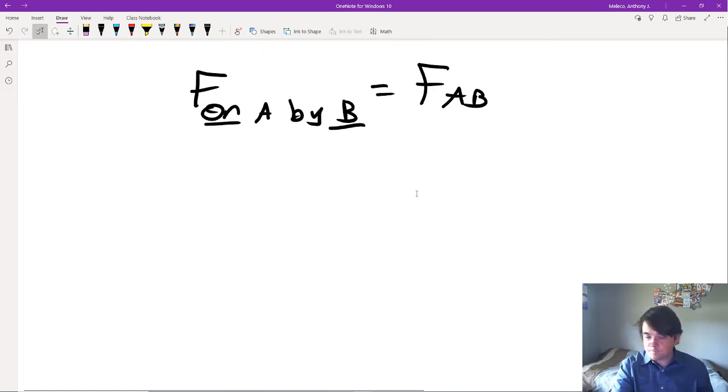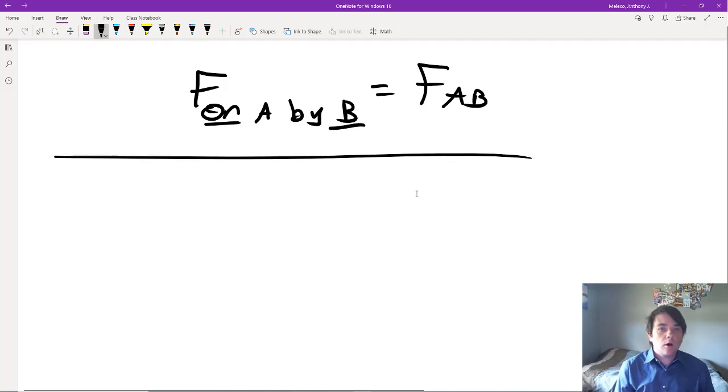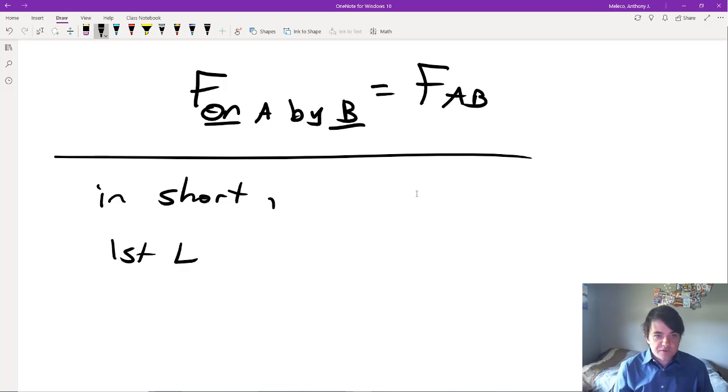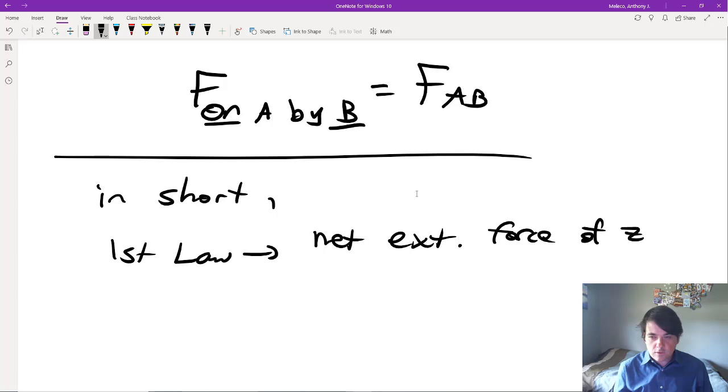So in short, the first law is a net external force of 0.